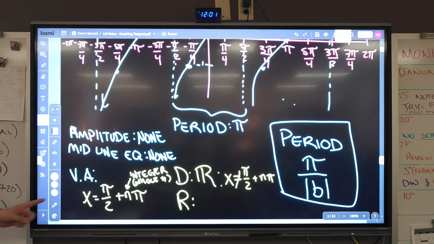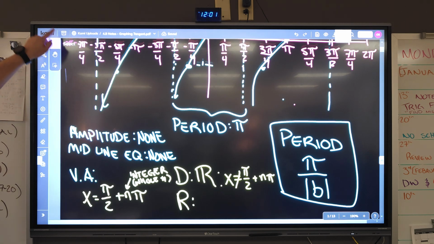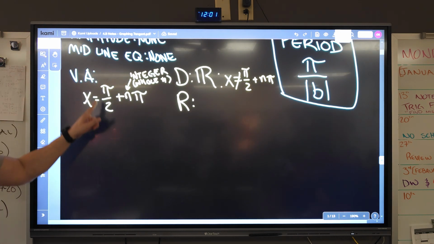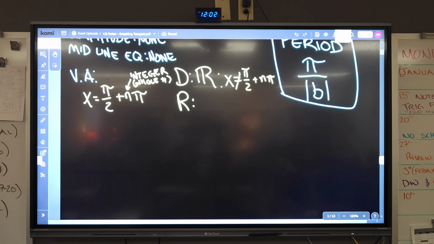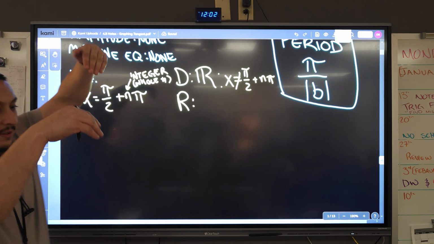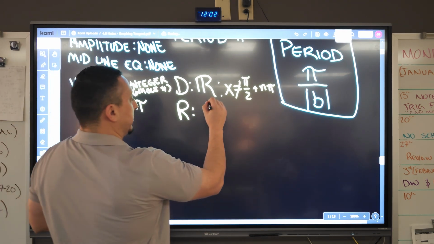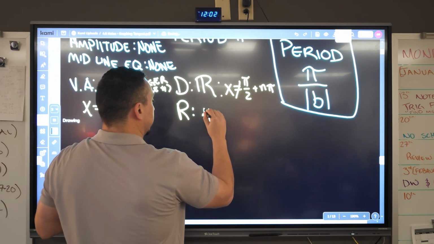Sorry, you guys can't see in the back. That's where the walls are, so that's not in the domain because there are walls right there. Now the range: all these go down forever and up forever. So the range will be all real numbers.